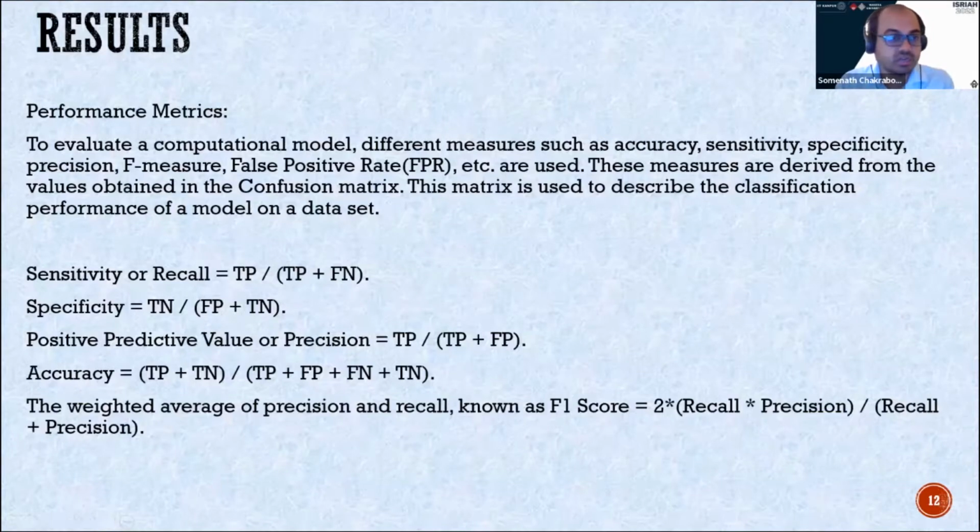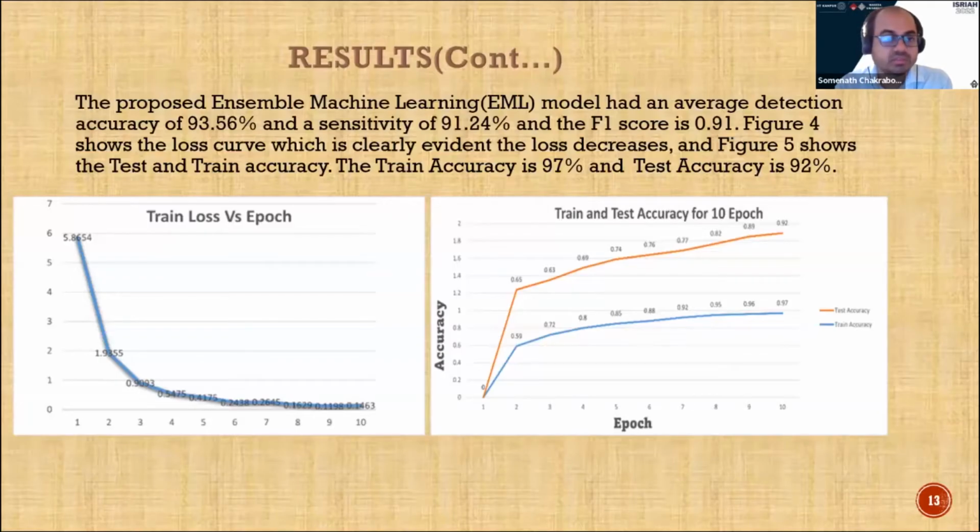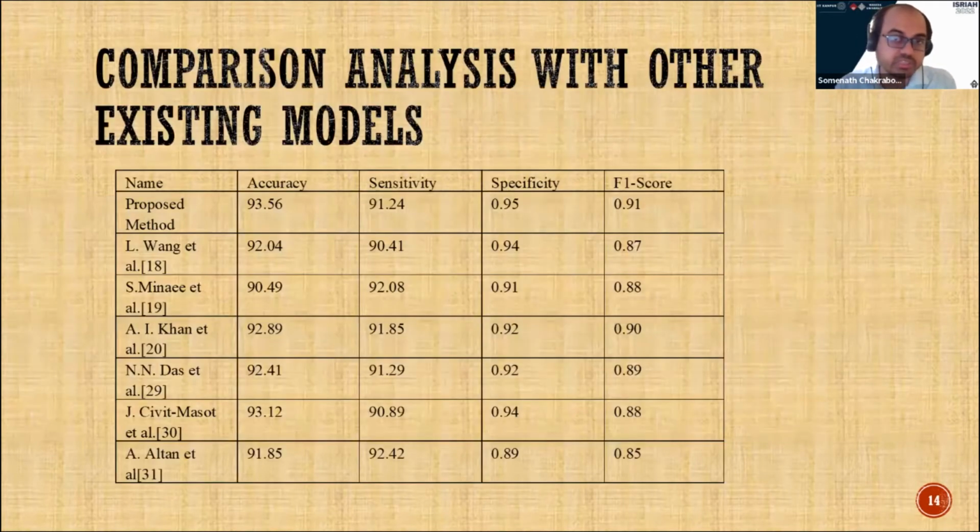So the results are described in this terminology. We call it sensitivity or recall, specificity, positive predictive value or precision, and accuracy. And we already achieved a very good amount of accuracy in our EML model too. And this is the comparison analysis, but there is a caveat in comparison analysis: we need to compare with the data that we are actually using in our model.